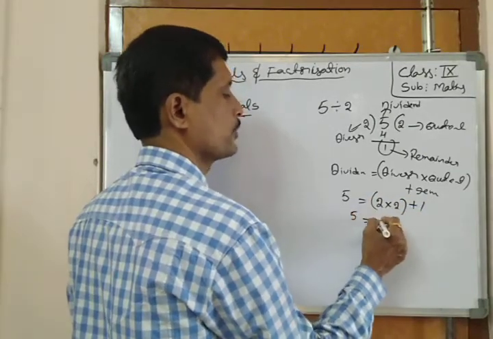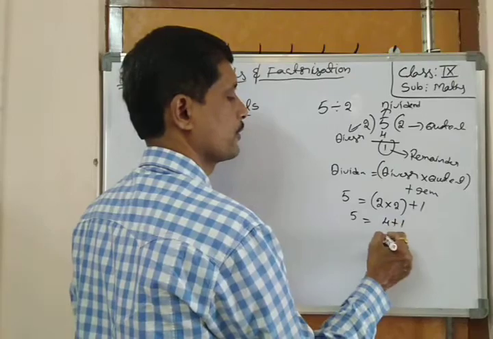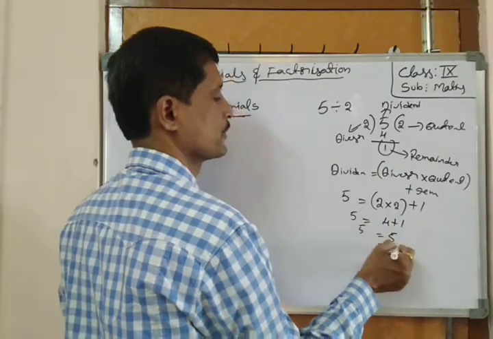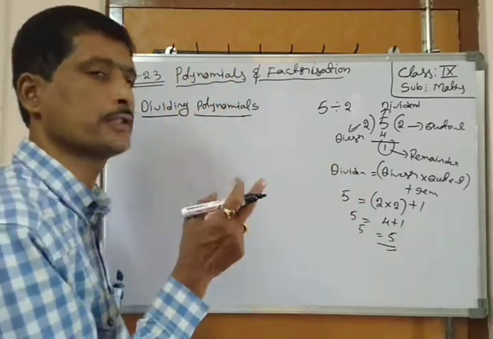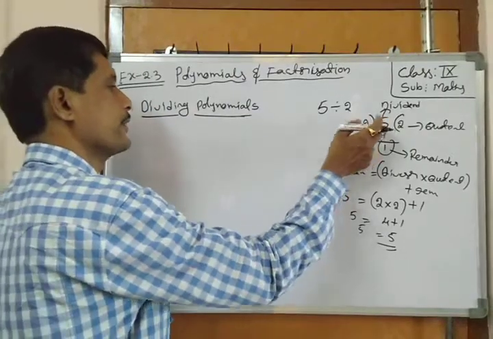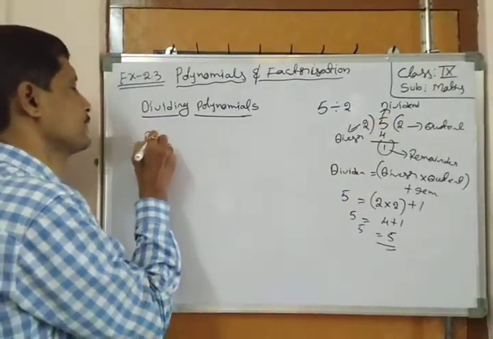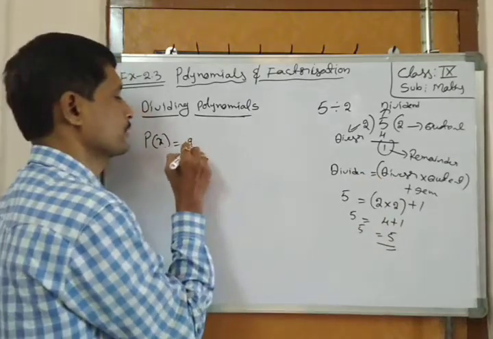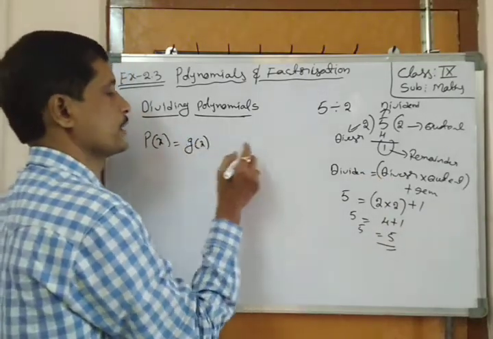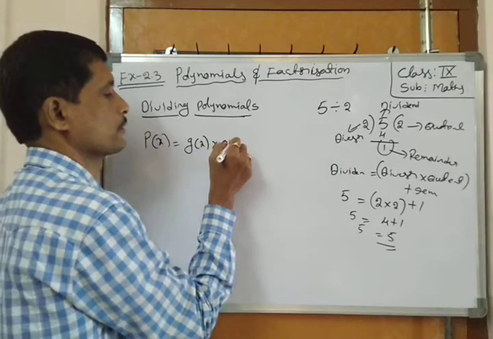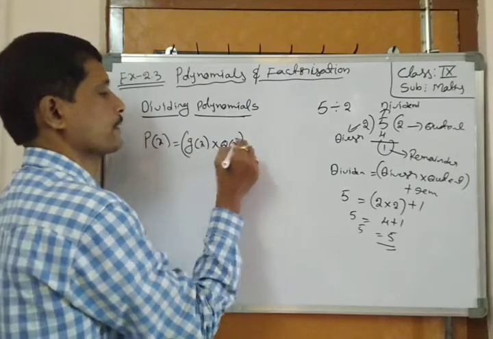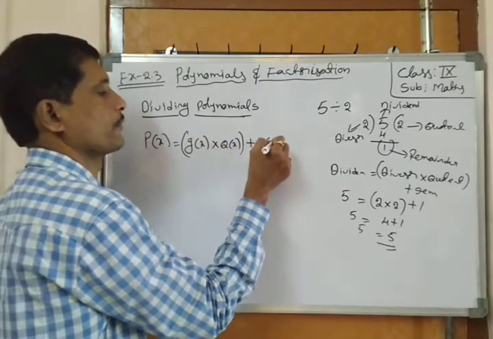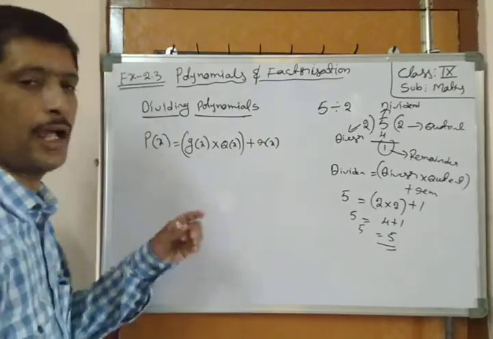Here 5 equals 2 into 2, that is 4, plus 1, which equals 5. The same applies to polynomials: in place of the dividend we take p of x. Divisor is g of x into quotient q of x, plus remainder r of x. That is the division algorithm.